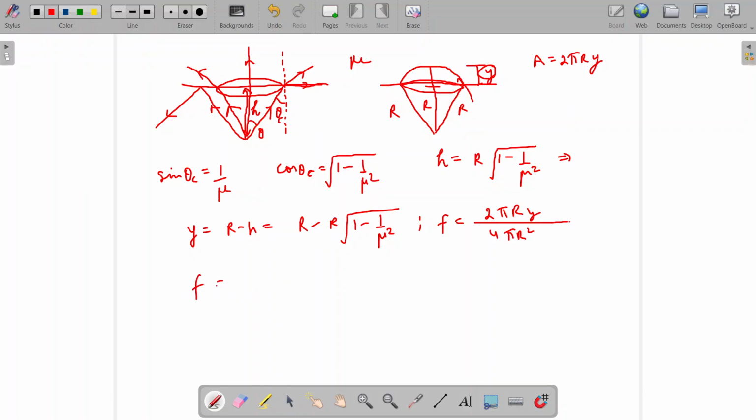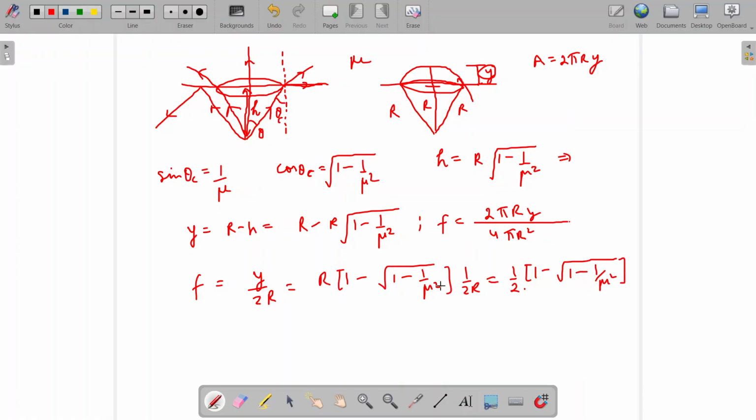So this f is nothing but y upon 2r. y we already know is r times 1 minus under root 1 minus 1 by mu square, and we divide this by 2r. So this is the fraction of the light which is escaping the surface of the medium whose refractive index is mu.